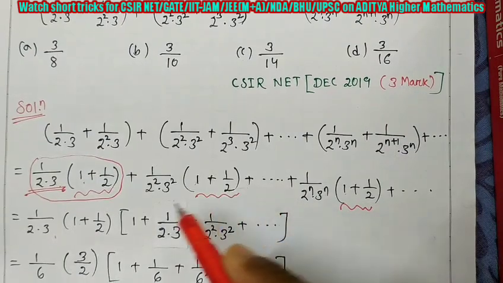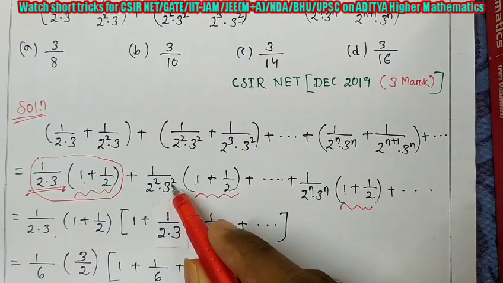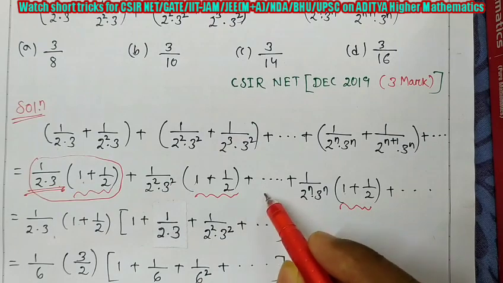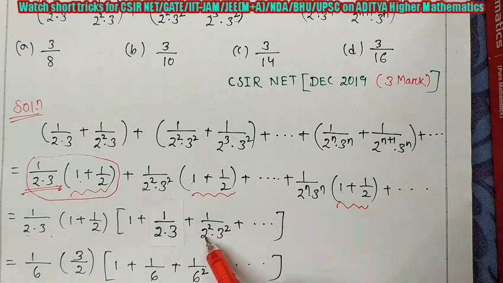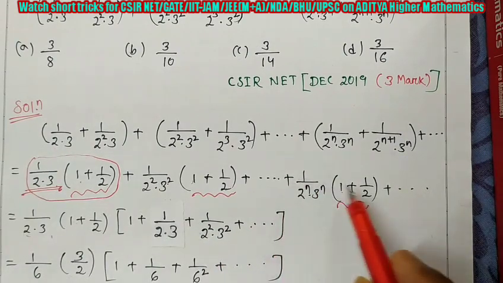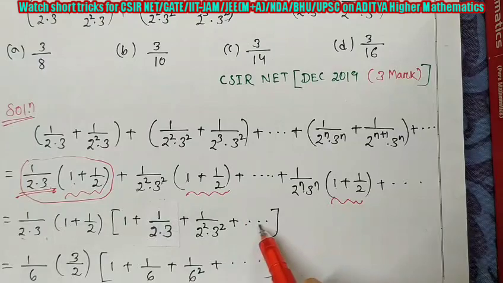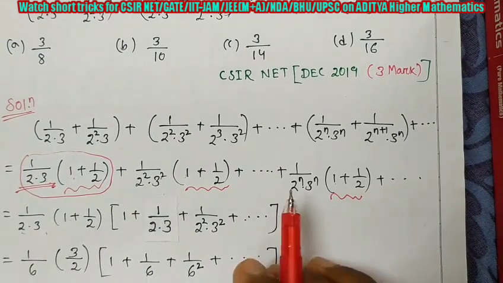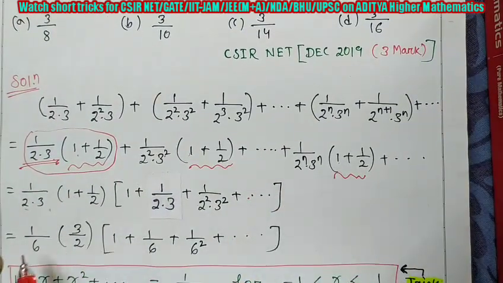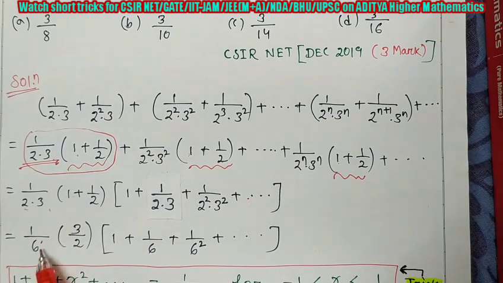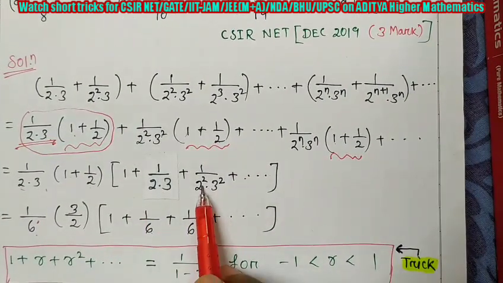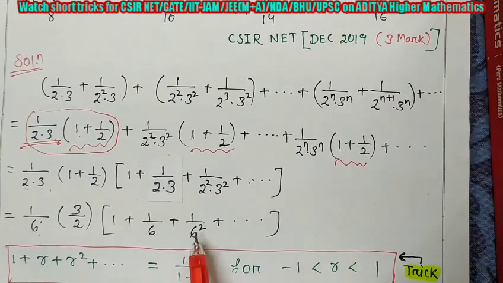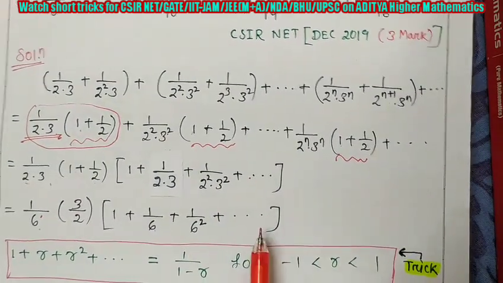In the next term, it is 2 cube into 3 cube, so when we take 2 into 3 common, this term we will get 1 by 2 square into 3 square, and total there are infinite terms, so here we are writing dot dot dot because it is an infinite series. Then it is 1 by 6, so we get 1 by 6 into 1 plus 1 by 6 plus 1 by 6 square, up to infinite terms.